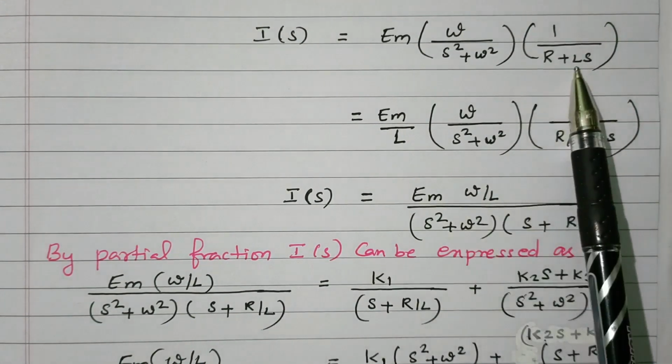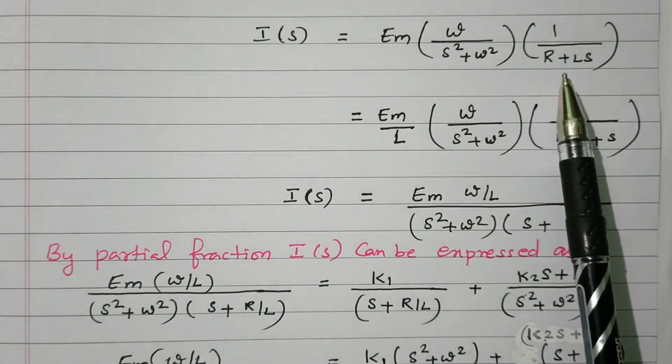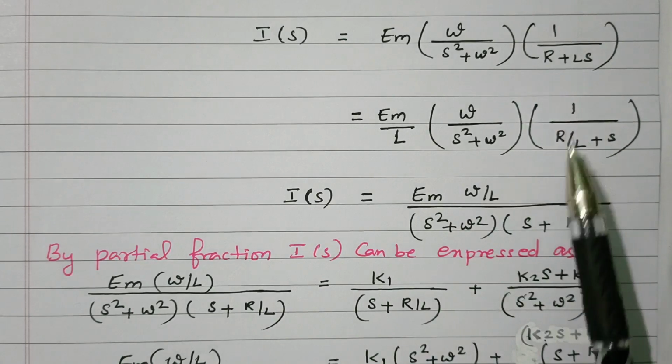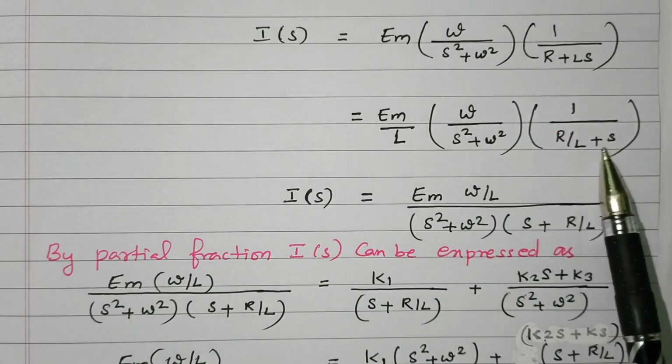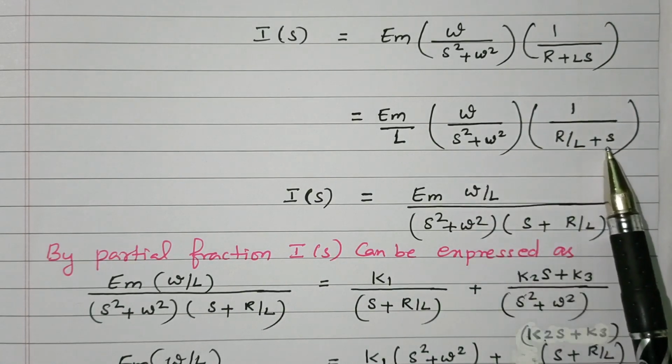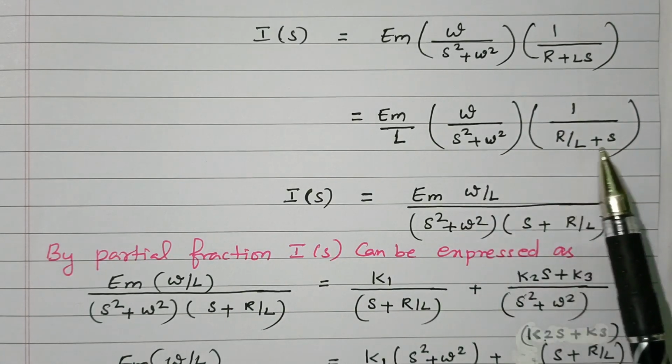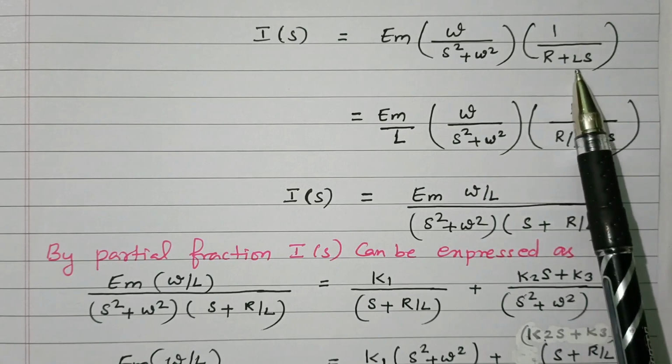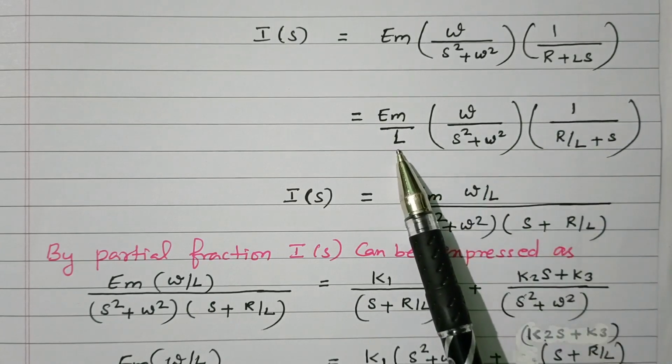Take this L outside. Now we are going to take the inverse Laplace. In that, what we need is the standard form. Here S square plus omega square is available. Similarly here we need S plus a, S plus b, like that. But here L is available, so L is taken outside.